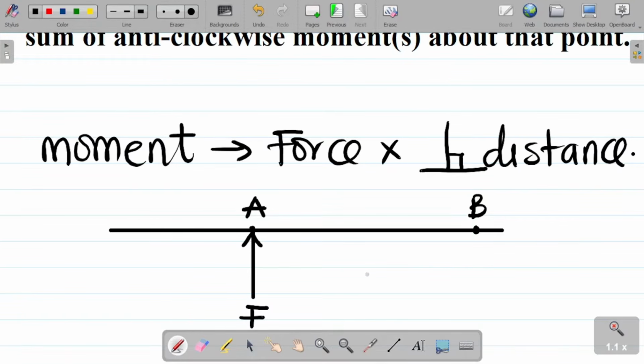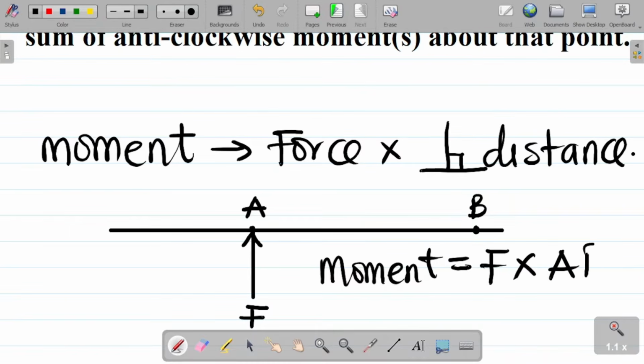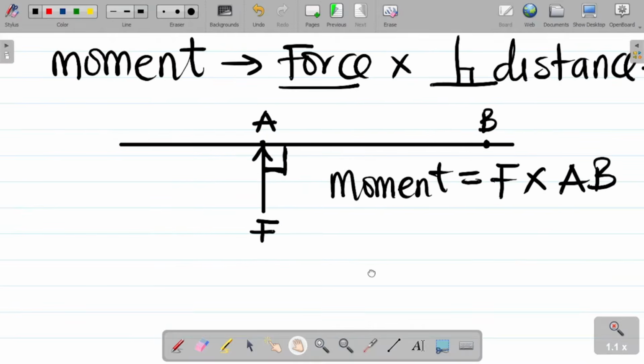The moment for this diagram will be equal to the force F times the distance AB. Because the force, as you can see, is at right angle to the distance AB, this is what moment means: force times perpendicular distance.